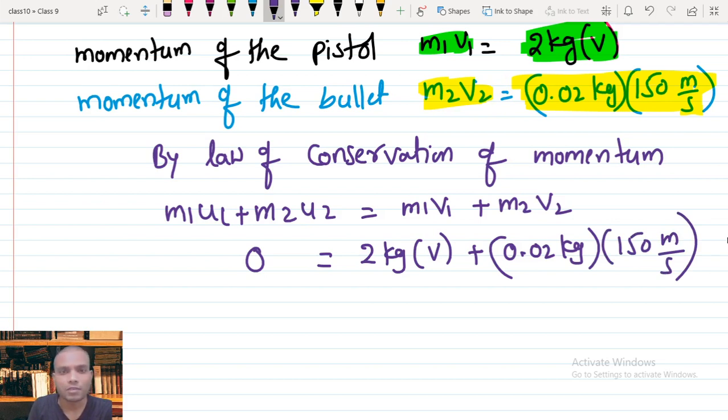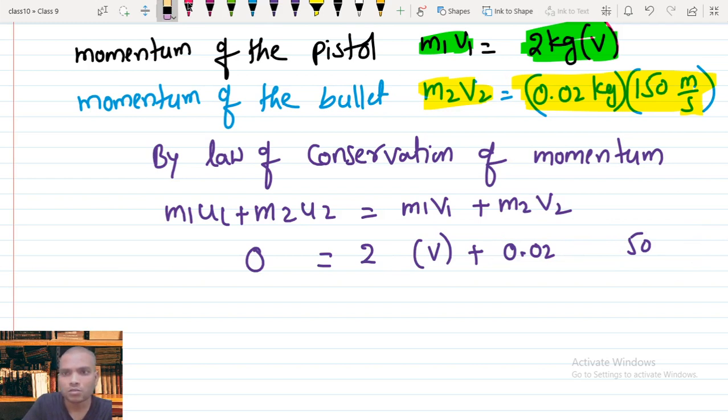Now let's simplify this. I will remove these units so that we don't get confused. If you remove the units, this is what it looks like.